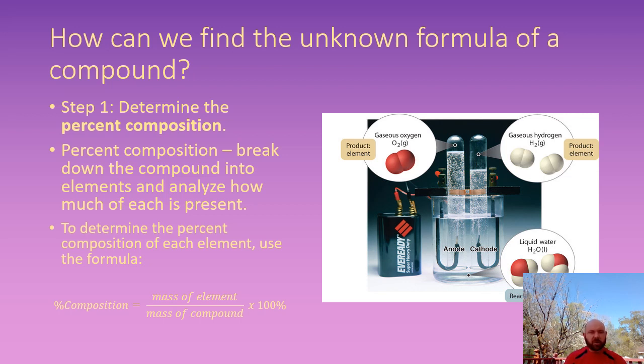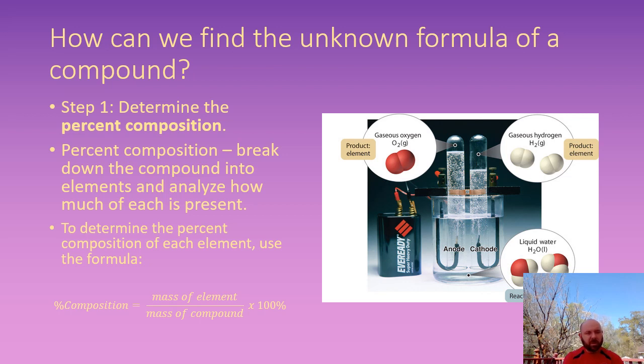So for the percent composition, what we're trying to do is to break down a compound into its constituent elements and then analyze how much of each element is present relative to each other. And we can see we have a formula for determining percent composition, and this would be percent composition of a single element in a compound.